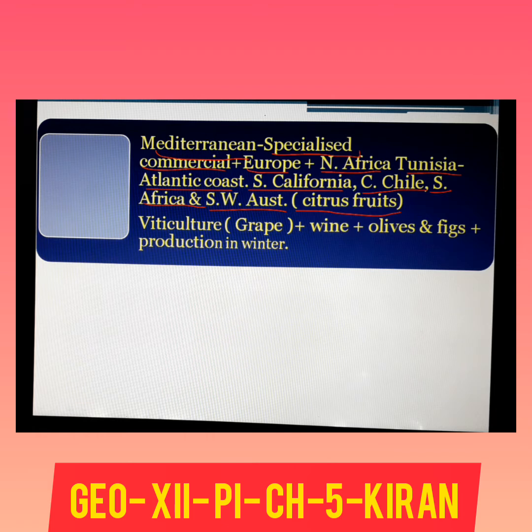fruits. Here, there is also exclusive cultivation of grape, which is called viticulture, and it is an industry-based crop which goes to the manufacturing of wine. It is also cultivation of olives, figs, and large production is found in winter, particularly in Mediterranean region.